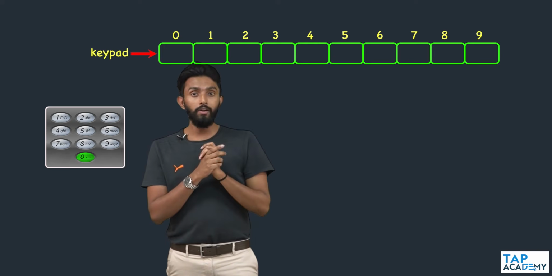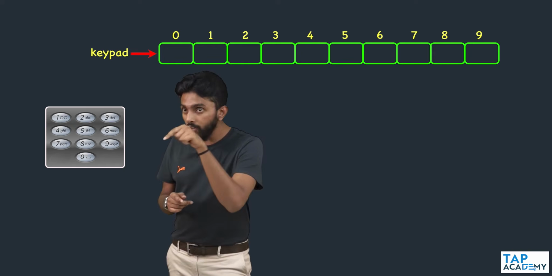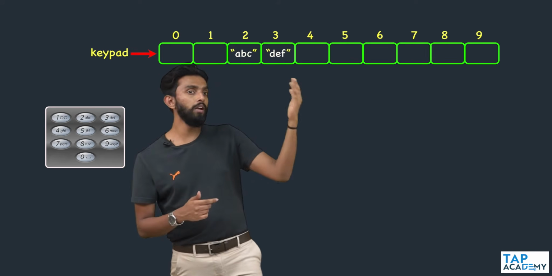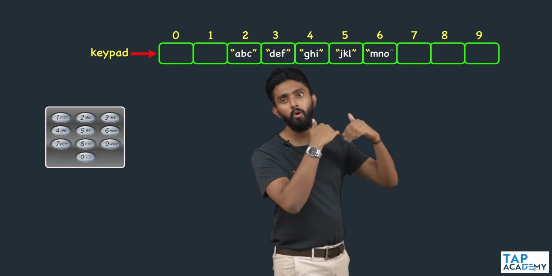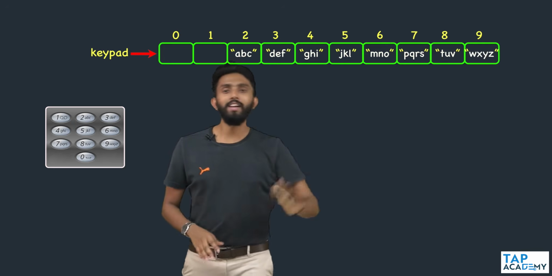So 0 I will leave empty, 1 I will leave empty. In 2 I will store ABC. In 3 I will store DEF. Similarly GHI, JKL, MNO, PQRS, TUV, WXYZ, right?